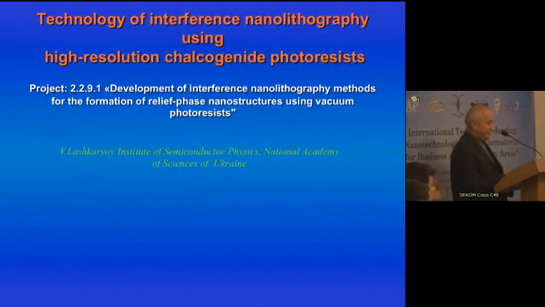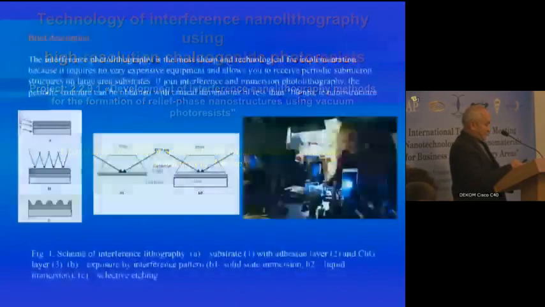The cheapest technological realization is interference lithography, which doesn't require expensive equipment. Such structures can be used in spectral devices, elements of integral optics, optoelectronics, microelectronics, optic sensors, and others.